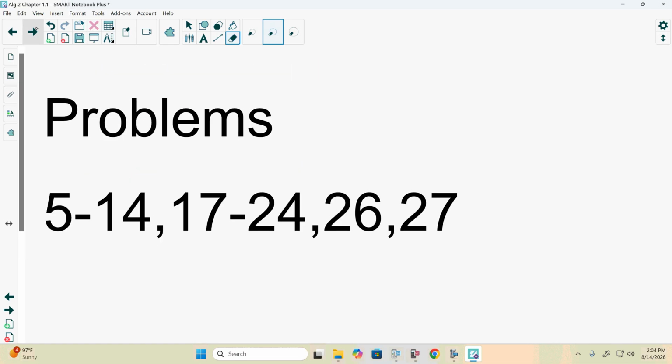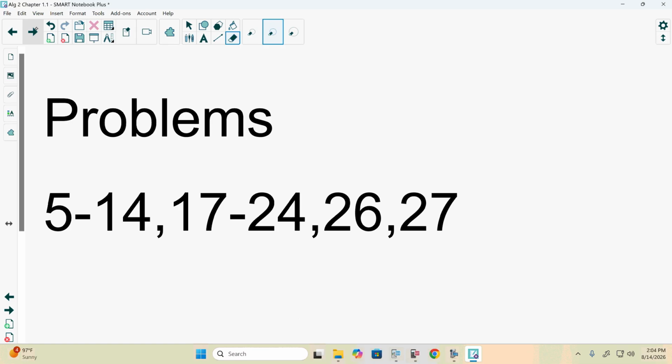Homework. 5 through 14, 17 through 24, 26, 27. So 5 and 6, writing it as a set. Both of those are nicely writable. They have a set pattern. If you want to write it in set builder, you can. 7 through 14, you're writing it as an interval, so you're converting it to interval form.